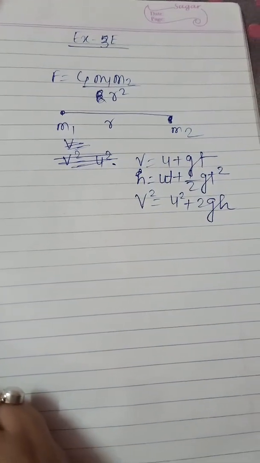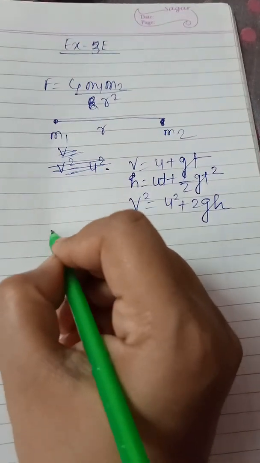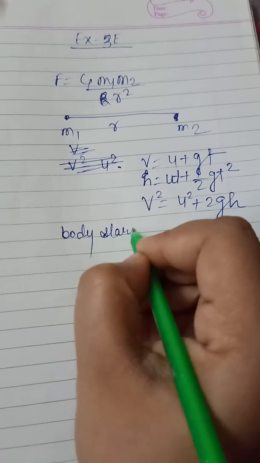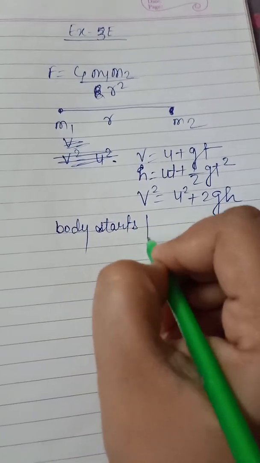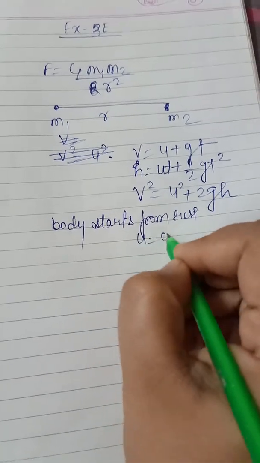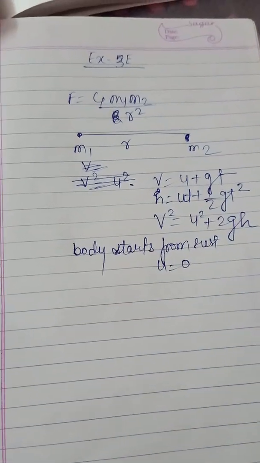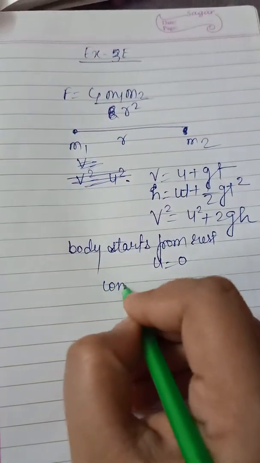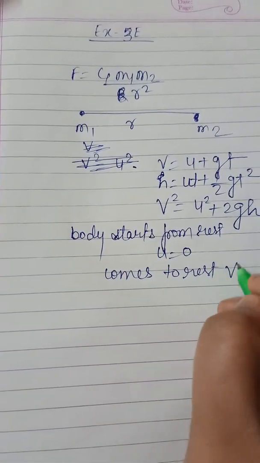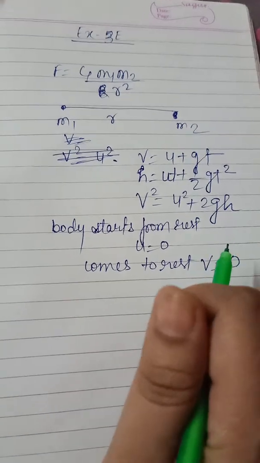These three formulas will be applicable. If the body starts from rest, u is 0; if it comes to rest, v is 0.